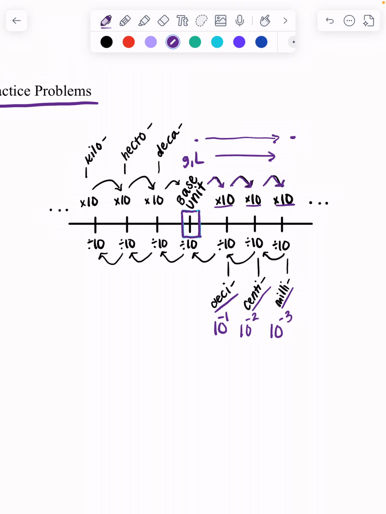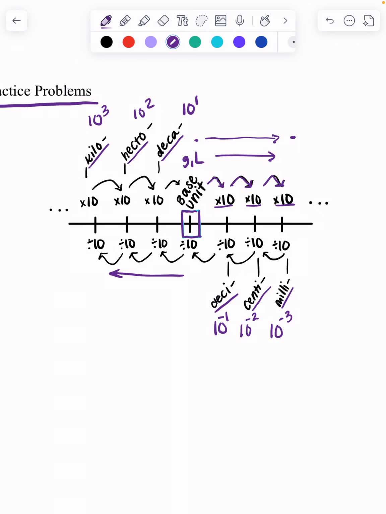If we are going the other way, to the left from our base unit, we hit deca, which is 10 to the first power. We have hecto, which is 10 to the second power, and then we finally hit kilo, a very widely used chemistry prefix, and this is 10 to the third, or 1,000, right?